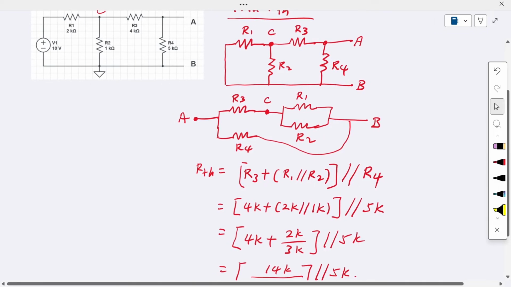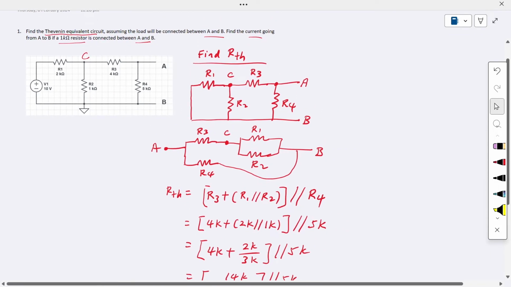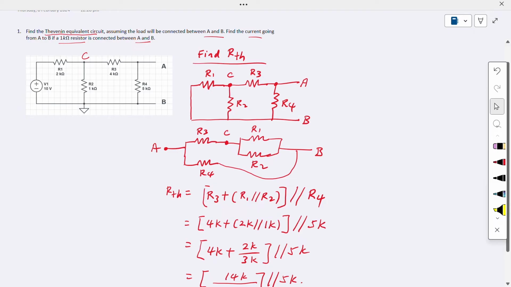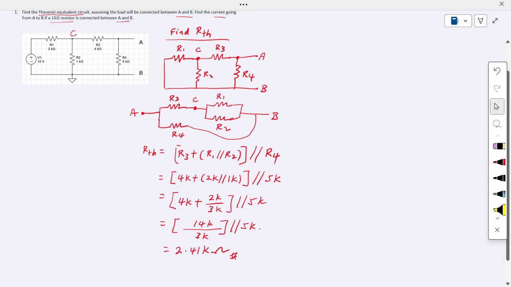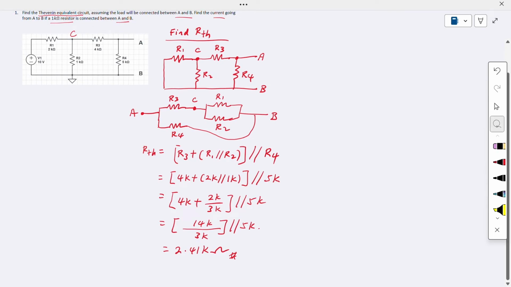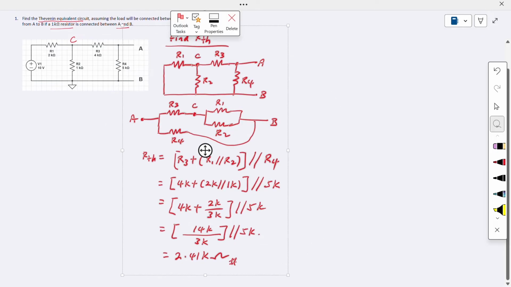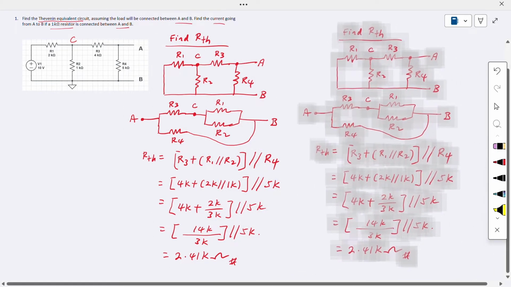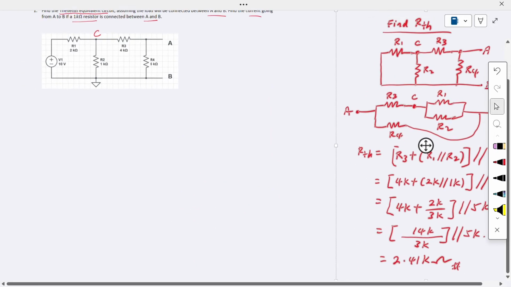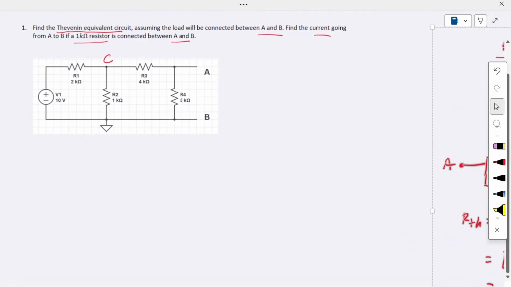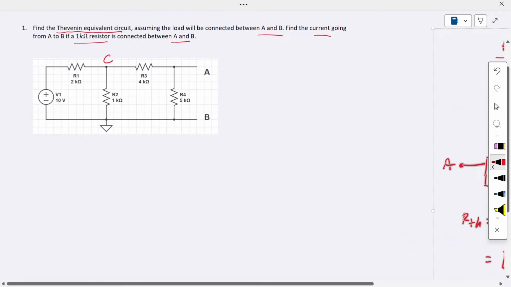So the next thing we want to do is find the VTH value. Okay, we want to find the VTH. So we can shift this out. Let me shift these things to the side over here. Okay, now to find the VTH value, we can use the voltage divider.